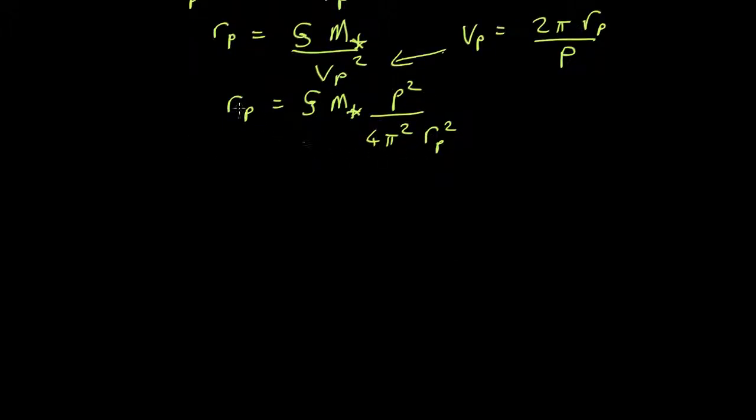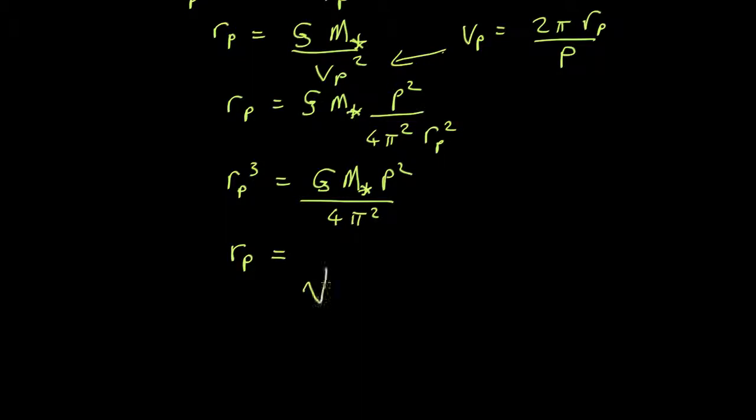So if you bring the r planet up to the side, we end up with r planet cubed equals G mass of the star period squared over 4 pi squared. So if we take the cube root of both sides, we get an equation for rp, which is roughly speaking how far the planet is from the star.